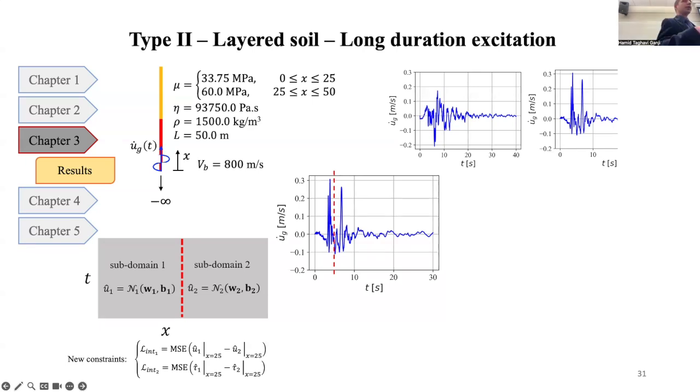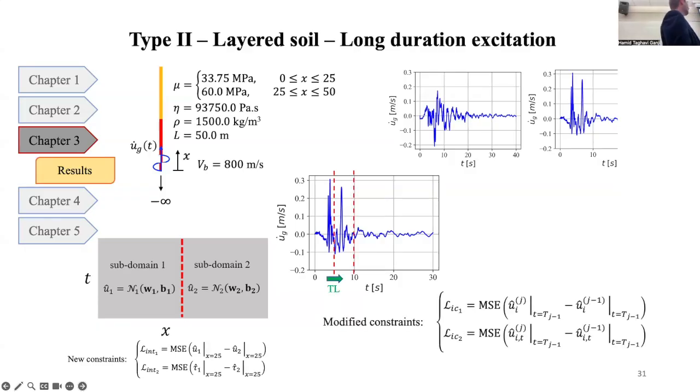After the model is trained for the first segment, we can use the idea of transfer learning and pass the information and the parameters we have to the second segment. However, we should be careful that the initial conditions of this segment are actually the predicted responses at the end of the previous segment. And we can continue this transfer learning until we reach the end of our ground motion.